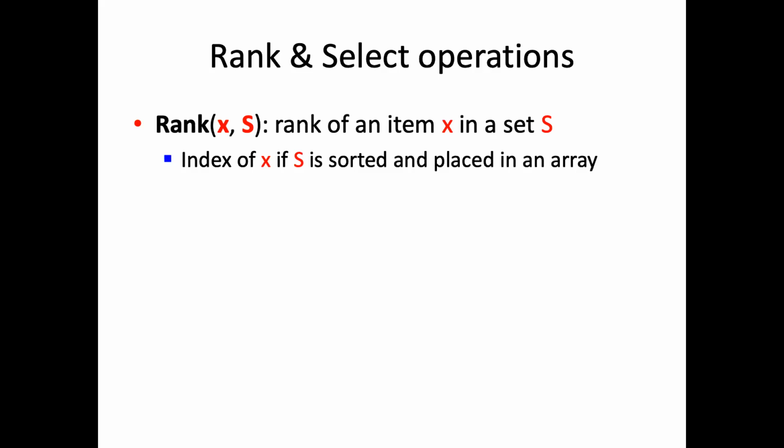So the rank is basically its index once you sort it out. If you have only even numbers between 1 and 10, then the number 6 will be in the third location because it's the third even number. So its rank is 3 in the set. So rank is simply where it sits in the sorted order.